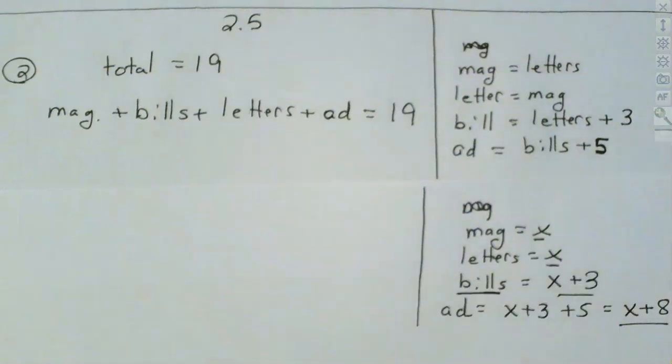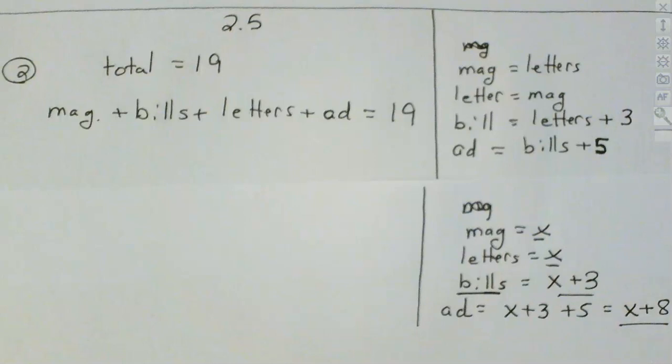So now we've got all of our parts. The letters and the magazines are the same, so they're going to be declared the variable x. The bills are the letters plus 3. Letters were x, so that's x plus 3.